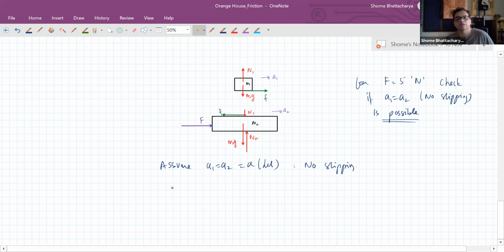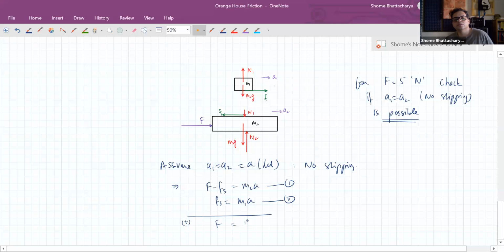Then F minus static friction is M2A, that will become the equation for this, and static friction is equal to M1A, that will become the equation for this. So solving these two, you will get this equation.